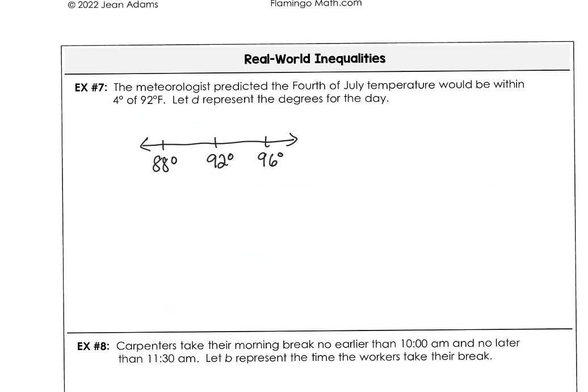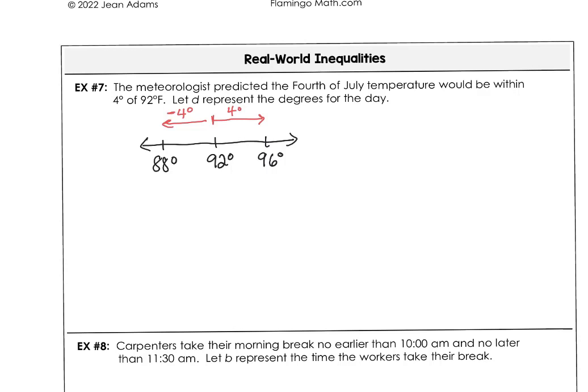And to finish the lesson, we have 2 real-world examples. A meteorologist predicted the 4th of July temperature would be within 4 degrees of 92. So they're telling us what our deviation is, 4 degrees. So 4 degrees to the left or 4 degrees to the right. This is our middle. 92 is the middle.